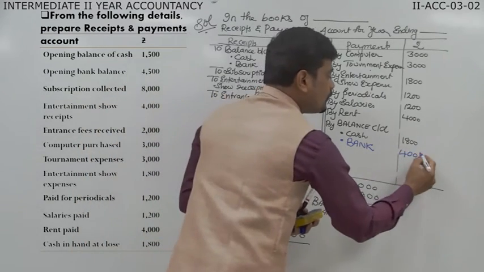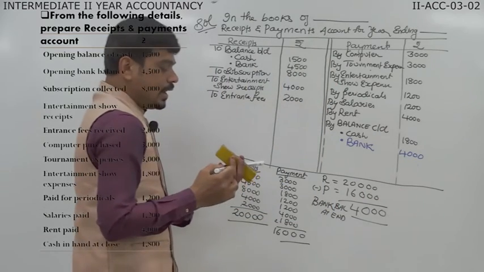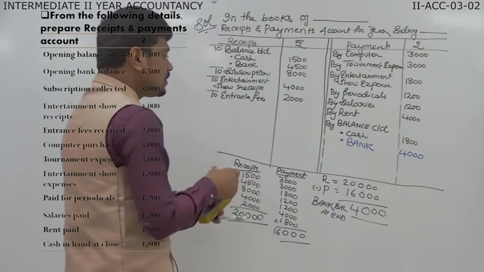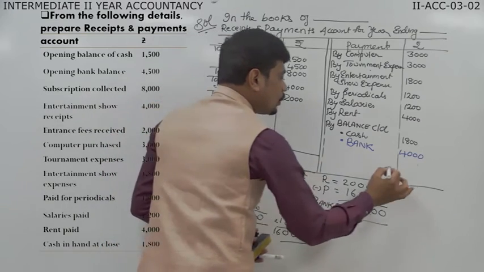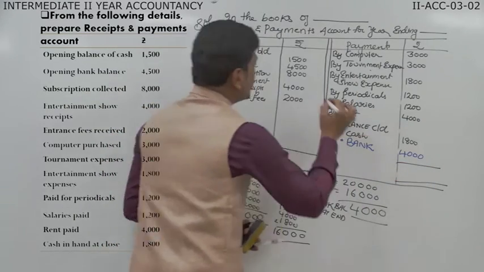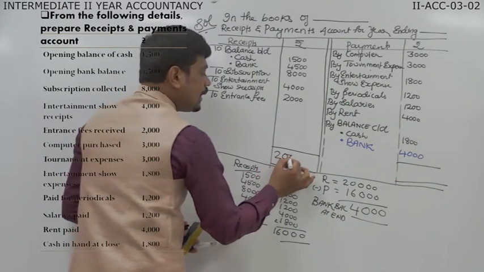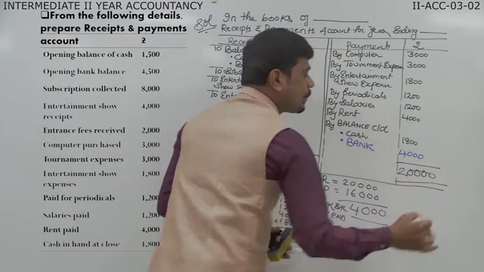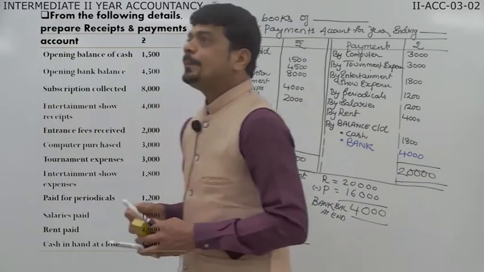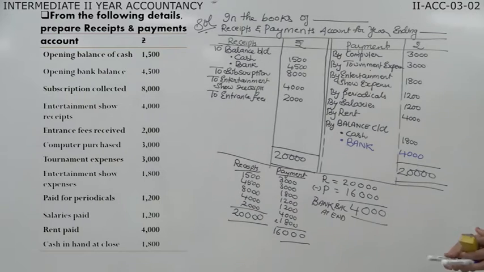Bank 4,000. And now we are going to close the receipts and payments account. We'll close the total line with 20,000 on both sides.